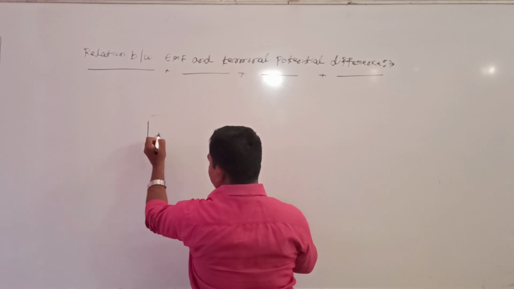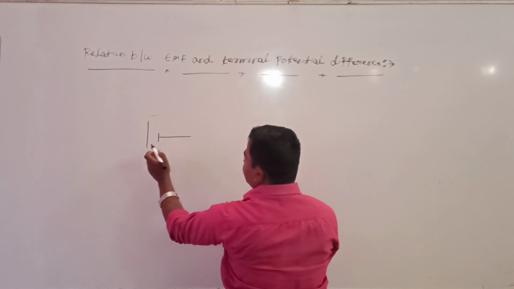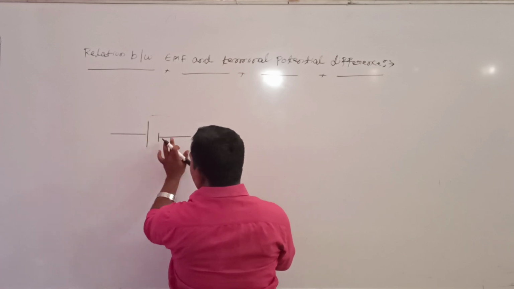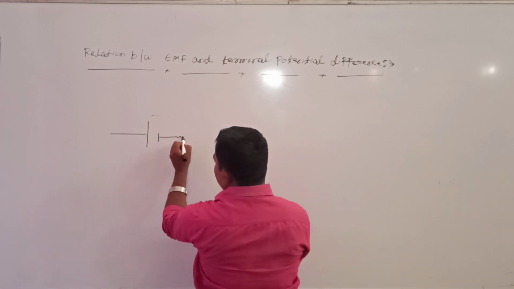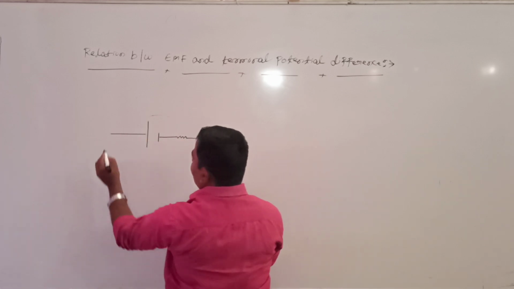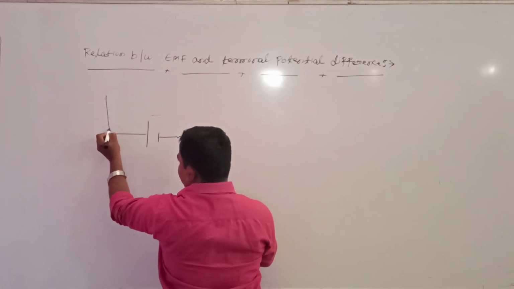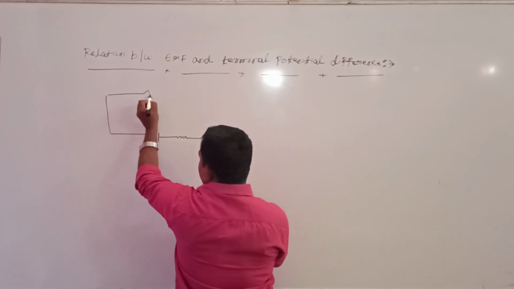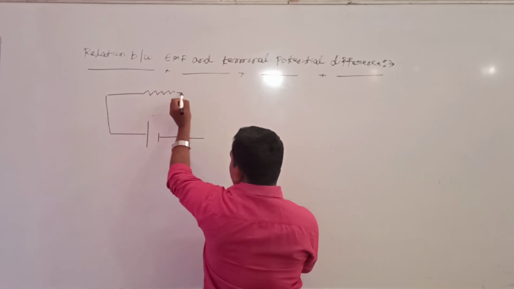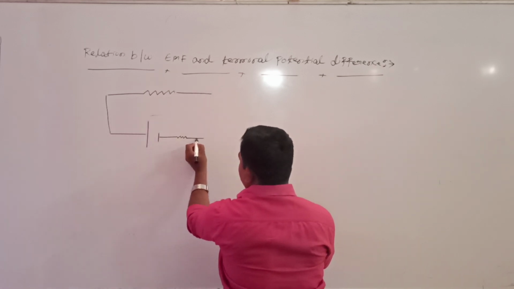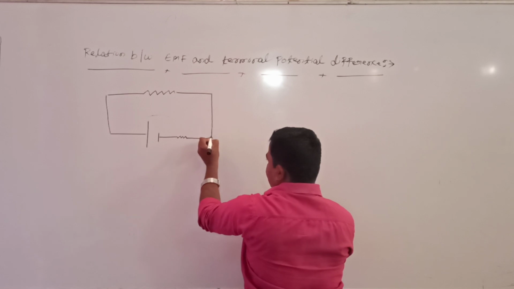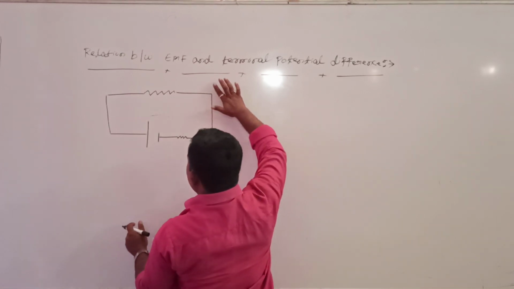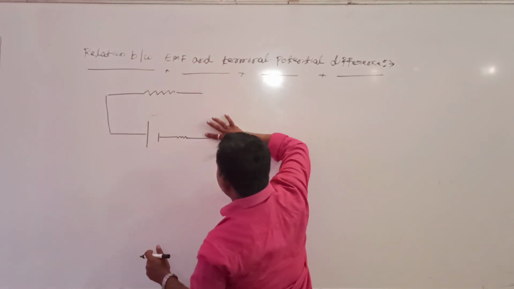This is the cell. The cell consists of internal resistance, this is the small r. This cell is connected to an external resistor.